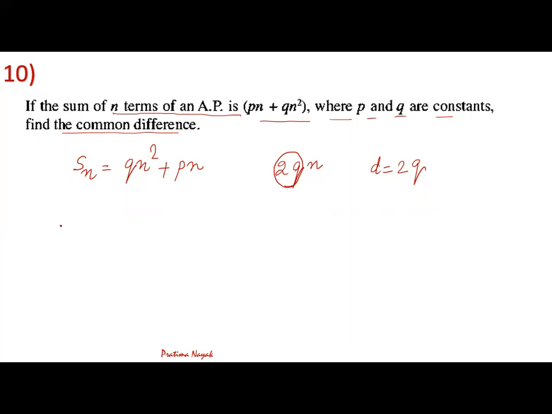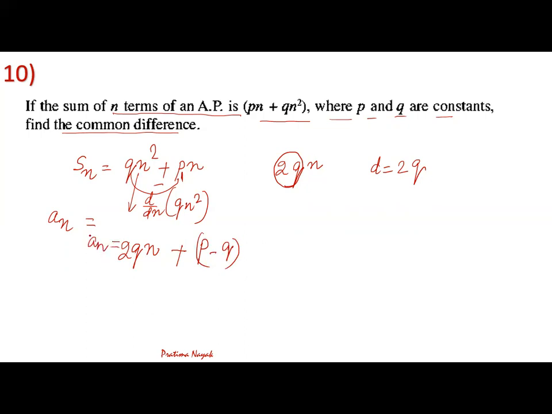Now another formula I am writing, for An. If you can remember, that is very good. An is equal to, first you differentiate this, then write down 2Qn plus P minus Q. This is your nth term.